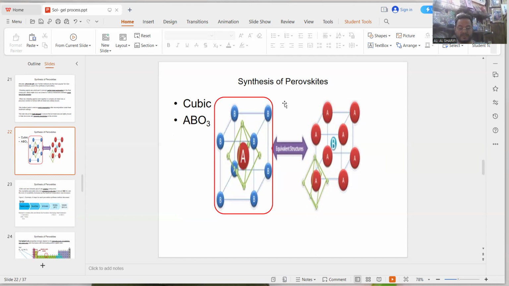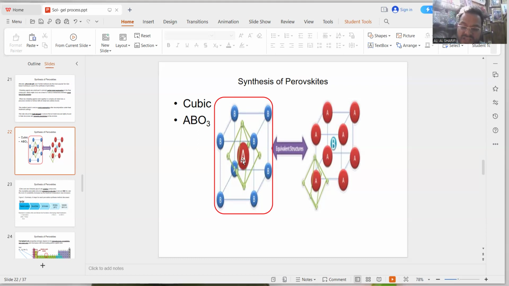Let me explain another important piece of information. The lanthanide A will be at the center of this cube, at the same time surrounded by the B metal ions at all 8 corners of this cube.